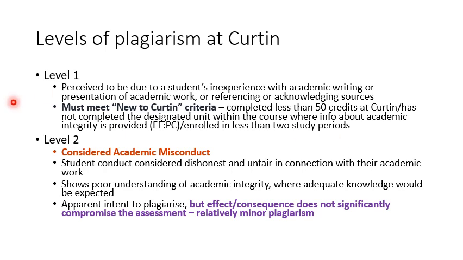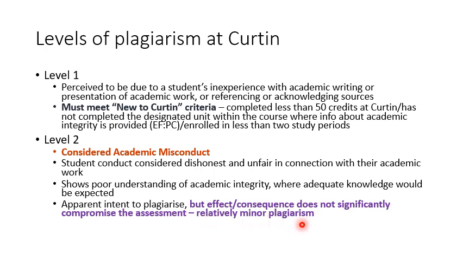Okay. For level 2, we consider this academic misconduct. So if you have a level 2 case, you have an academic misconduct in your record. Okay, so student conduct considered dishonest and unfair in connection with their academic work, poor understanding of academic integrity, where adequate knowledge would be expected, apparent intent to plagiarize, but the effect or consequence does not significantly compromise the assessment, and it is relatively minor plagiarism.